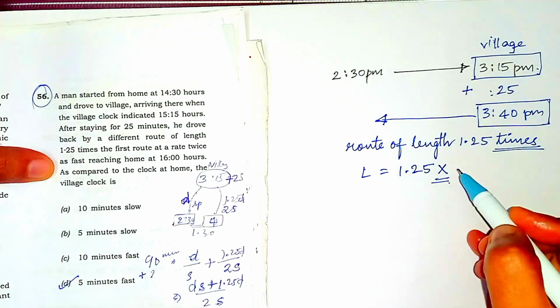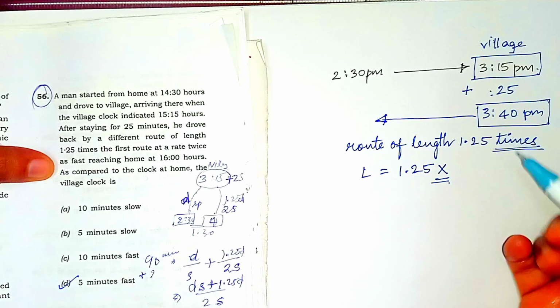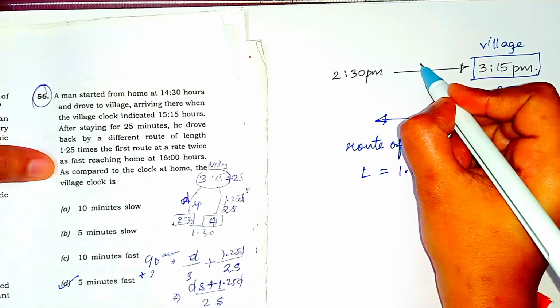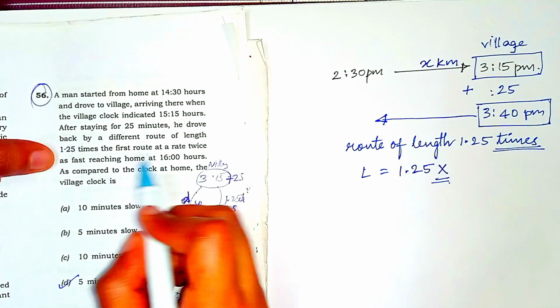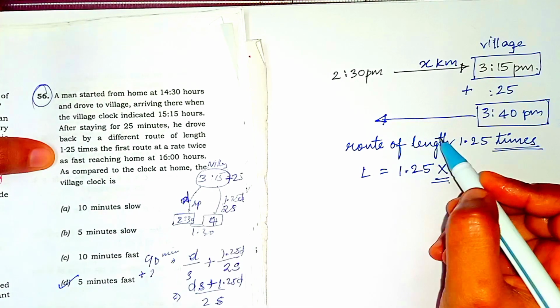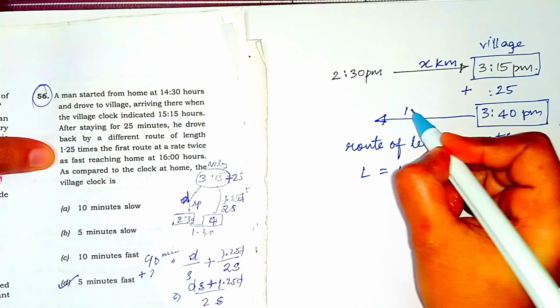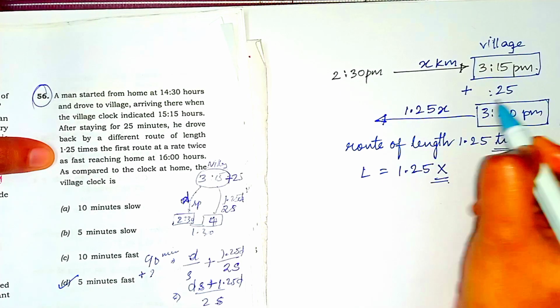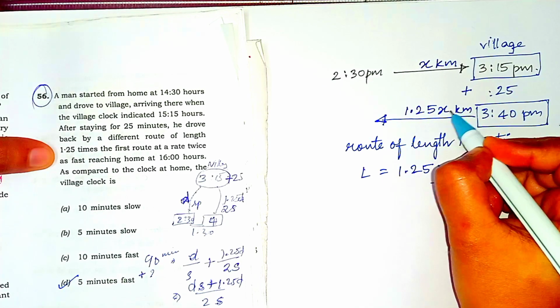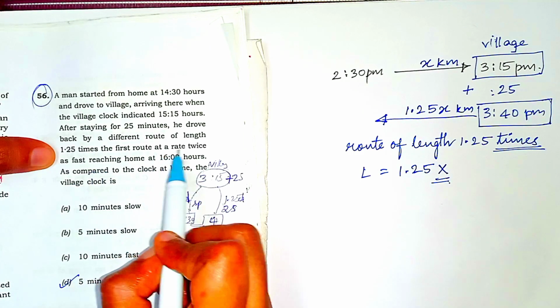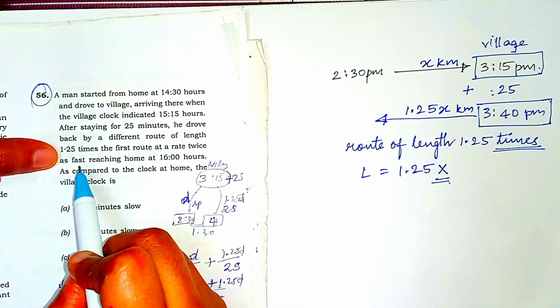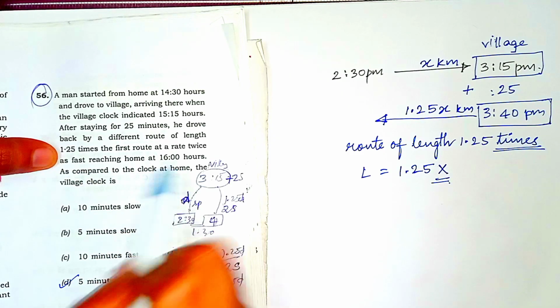Now let's assume the first route that he took as x kilometer. So as per the question, his return route would be 1.25 of x, which is again in kilometer, right?